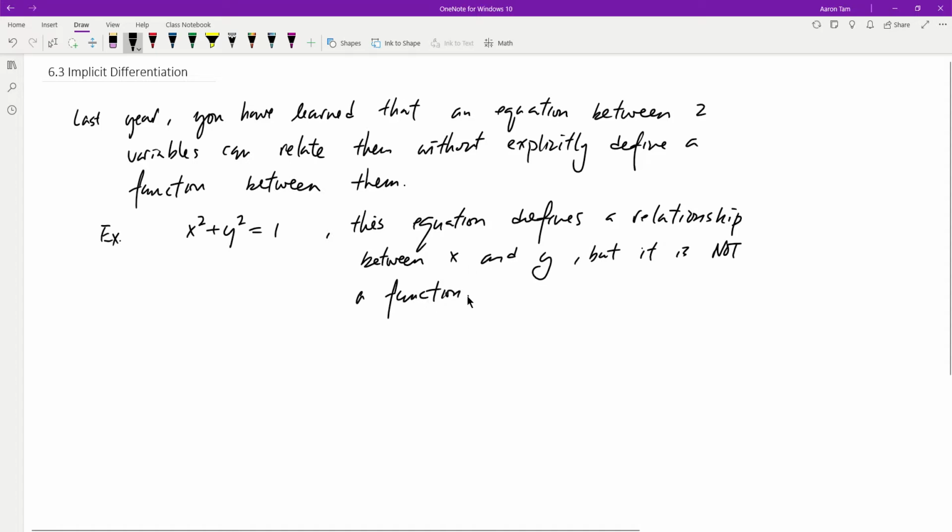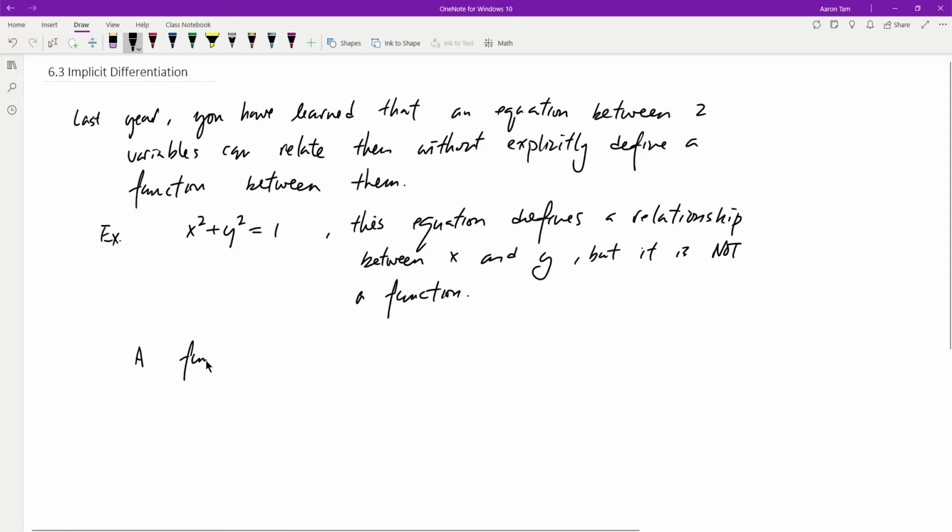Now, however, the idea here is that this equation, even though by itself may not define a function between x and y, it simply defines a relationship between them. But we could have a function hidden inside this equation or implied by this equation. Okay?